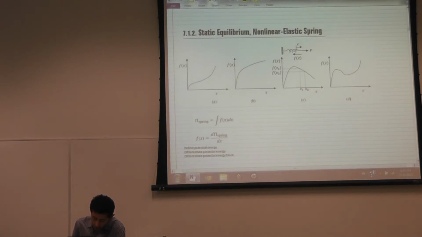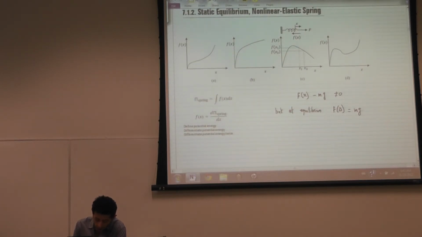So let's just write the same equations. Now I have f of x, which is a nonlinear function, minus mg is not necessarily equal to 0, but at equilibrium, f of delta equilibrium is equal to mg.